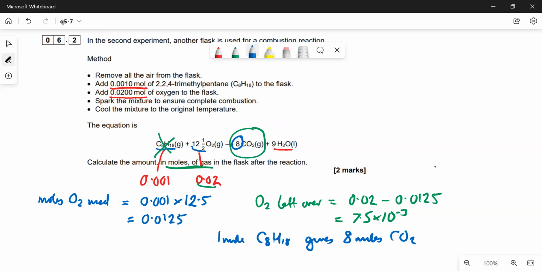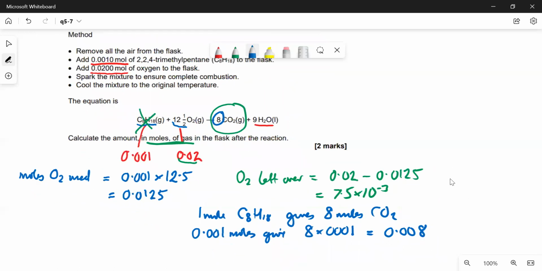So how much do we have of that? We had 0.001, which is going to give 8 times 0.001, which is equal to 0.008 moles. And what we need to do now is add the total moles of gas.